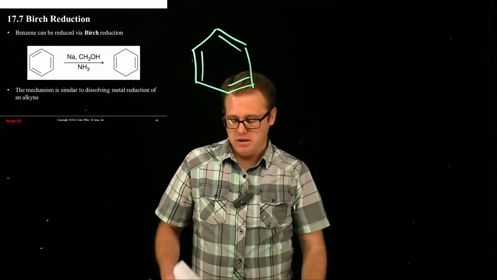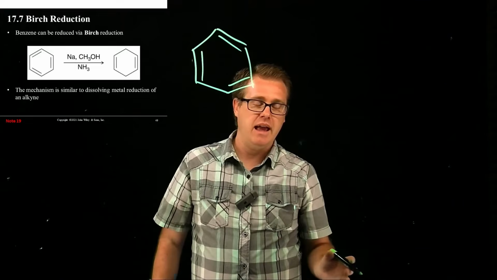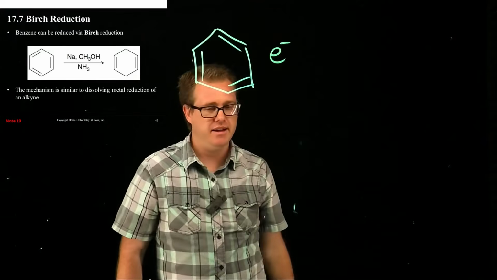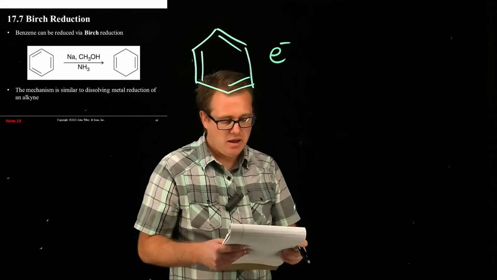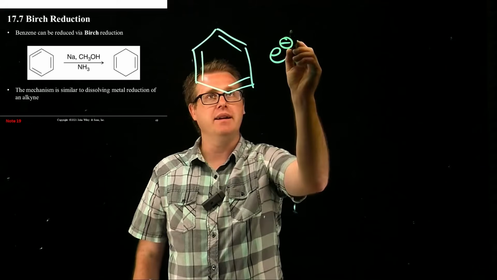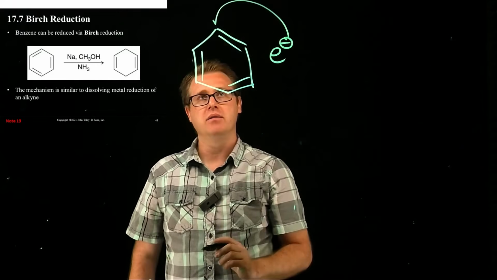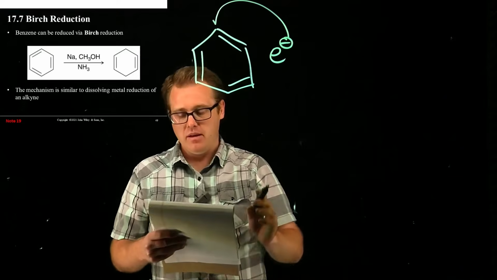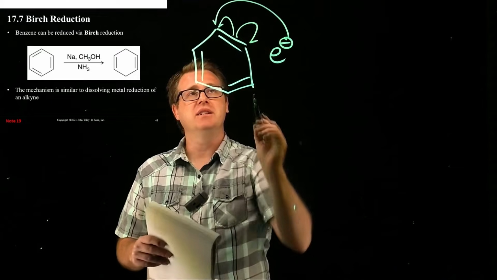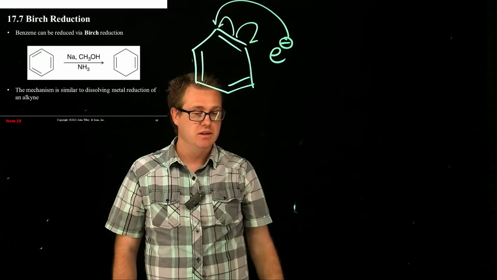So when we take the solid metal, put it in the ammonia and the methanol mix, we're going to just generate, I'm just going to call it electrons. And so what happens is that one electron is going to come and add there. And then we go like this. Do you see how I'm using fish hook or single hook arrows?